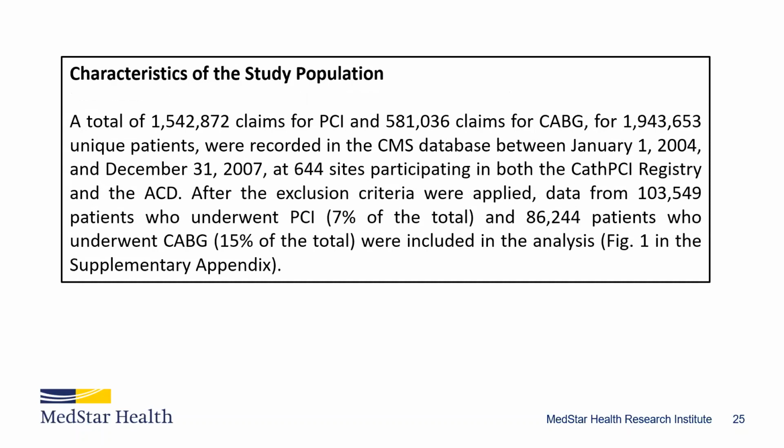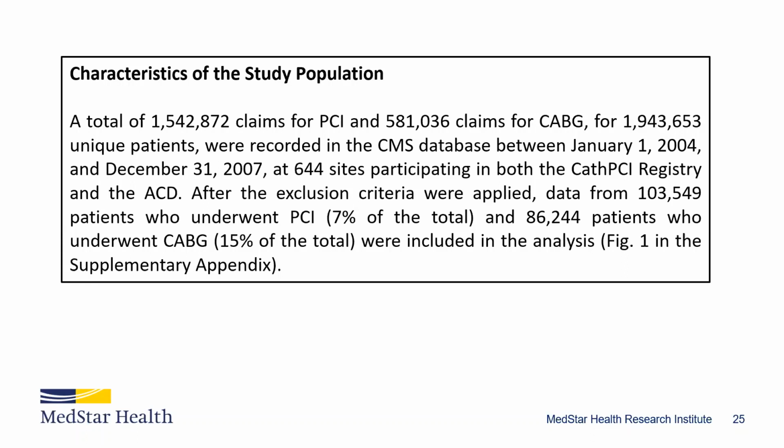So this is quite a large database, 1.5 million PCI claims and over 500,000 CABG claims. And not only that, these data are coming from different sites, since they're registries.